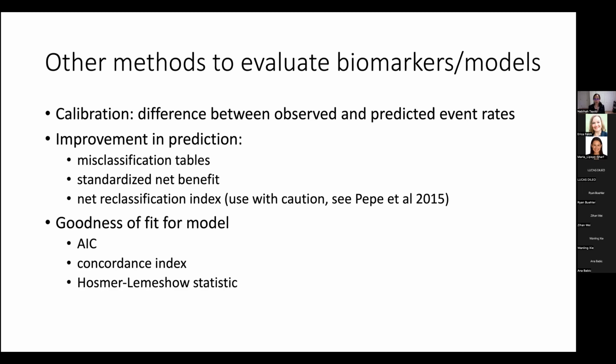You want to look at what's actually the calibration of that biomarker or that score. You want to look at improvements in prediction. Let's say there's an existing one, then there are tools for that: classification tables, standard net benefit, net reclassification index. I would say I put that with caution because there are some issues with the net reclassification index.